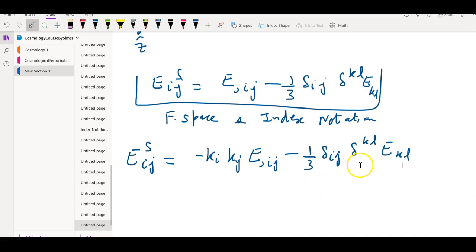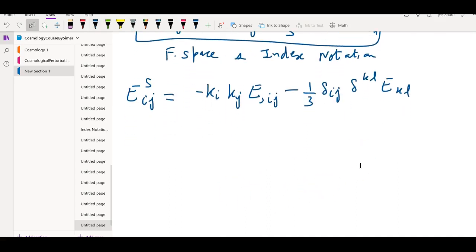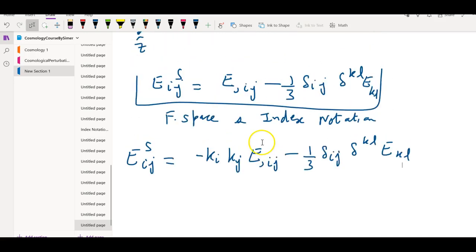In the K space. Sorry, I made a mistake here.